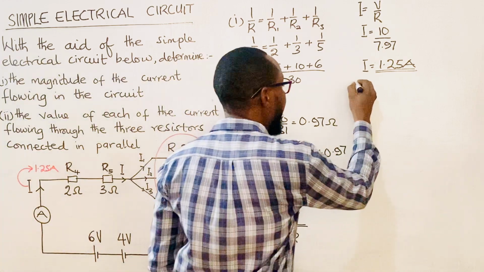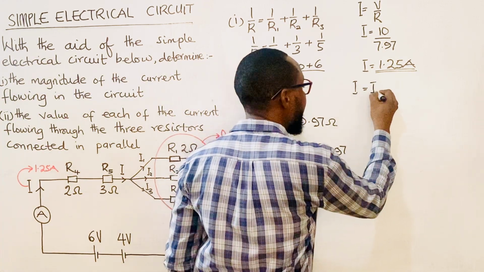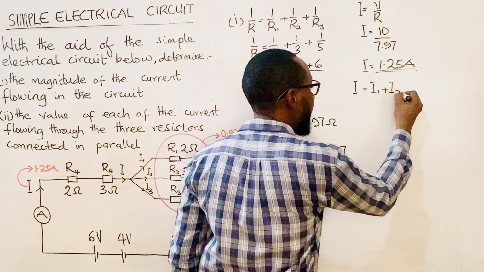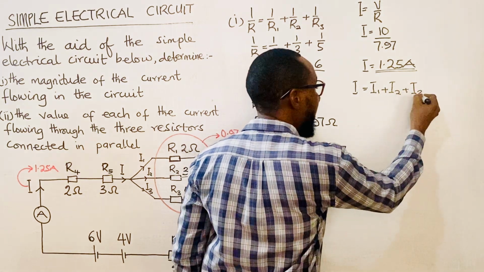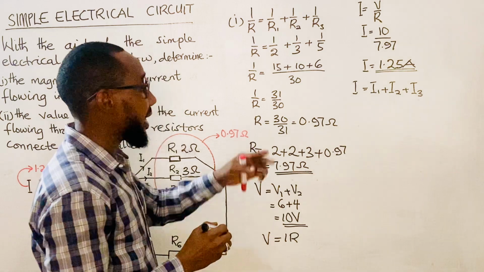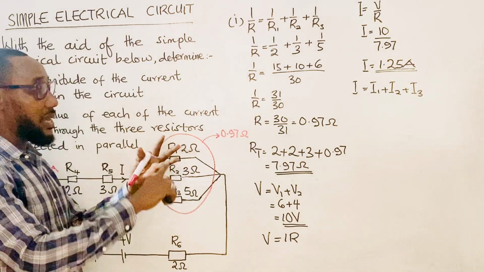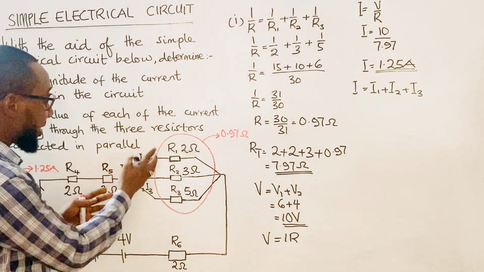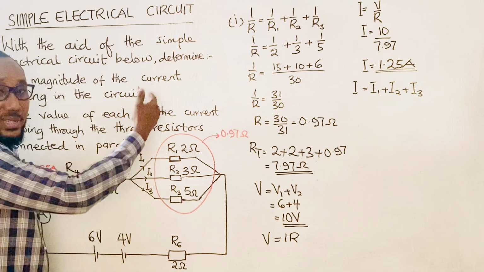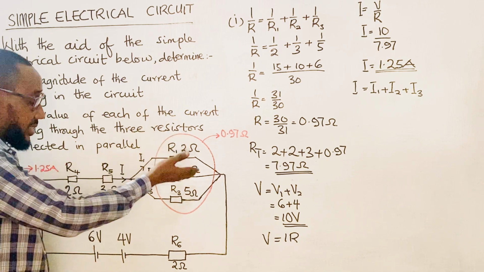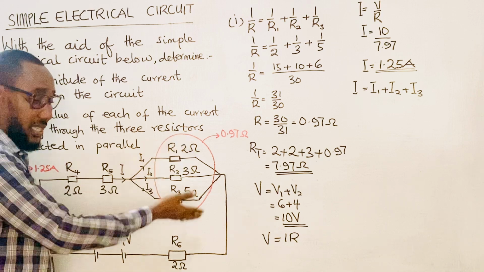So I equals I1 plus I2 plus I3. The overall current is current 1 plus current 2 plus current 3. Now, current 1 is passing through resistor 1, current 2 through resistor 2, current 3 through resistor 3.